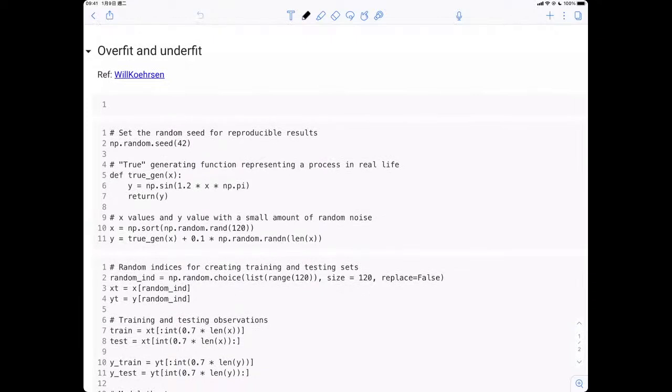Okay, some examples of overfit or underfit. When we talk about overfit or underfit of a model, we usually mean that if your model is overfitted, it means your model is too complex.